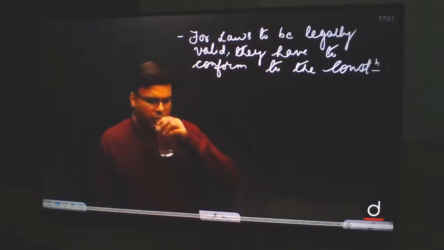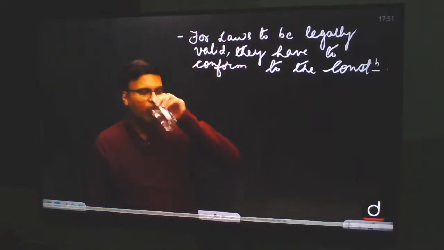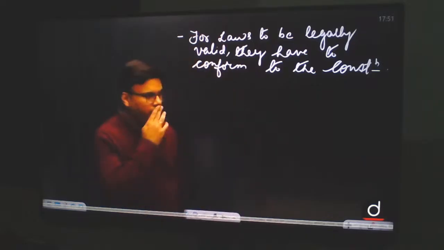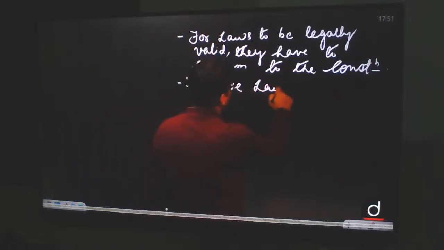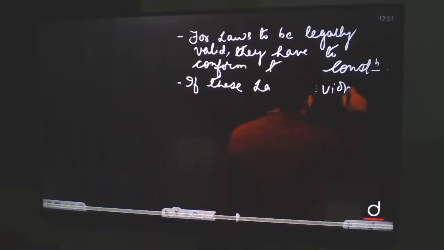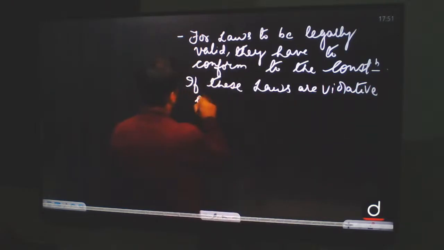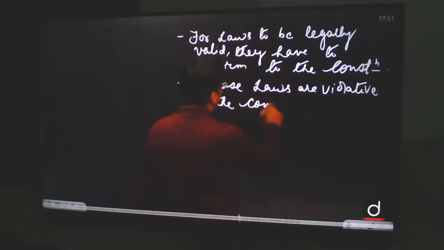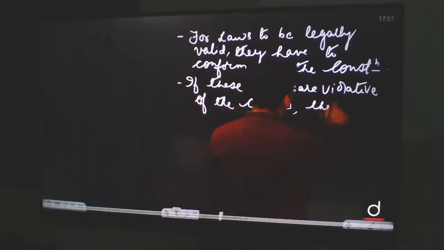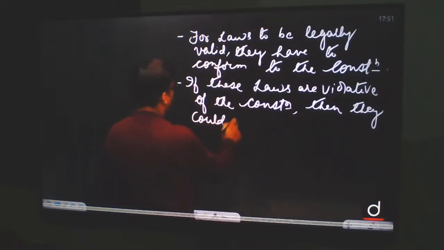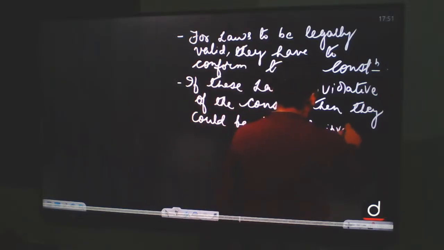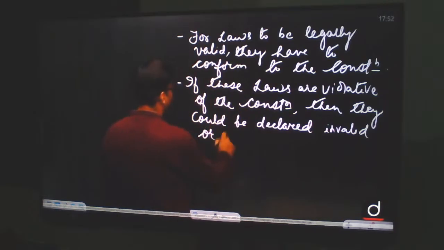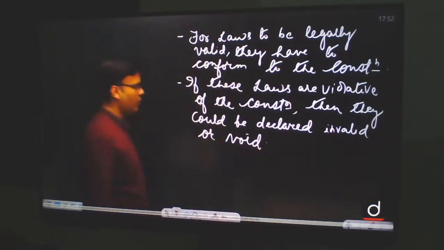What else can we say? It simply means that if these laws are violative of the Constitution, then they could be declared invalid or void.